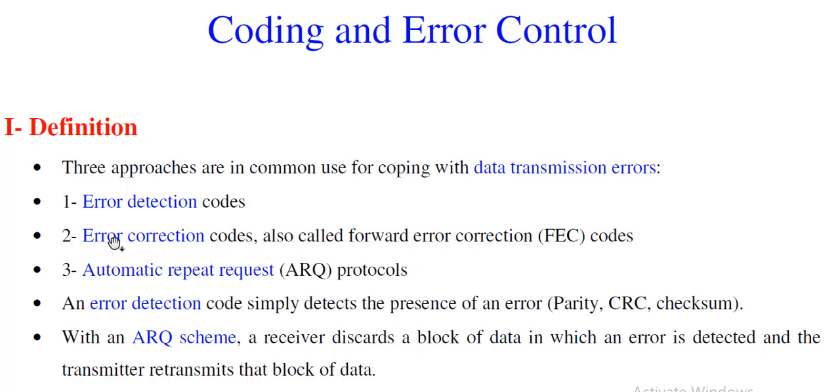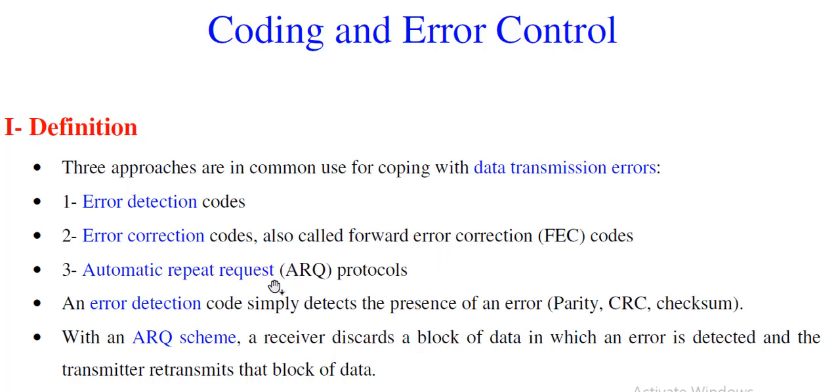The second task is the error correction, which means that after detecting the error, we need to correct it. We have two mechanisms. Either to correct it directly by the receiver, we call this FEC, the forward error correction, which means that the receiver will correct the error without the help of the sender.